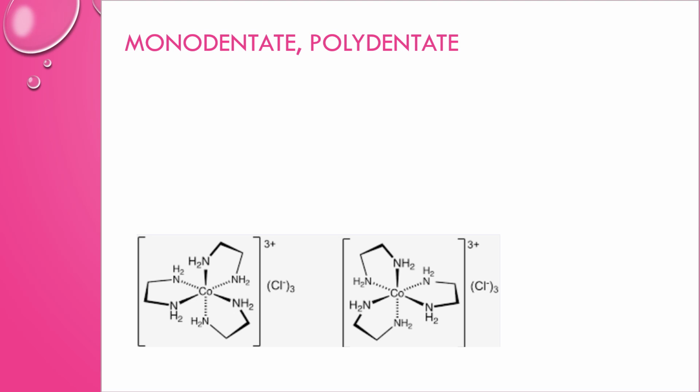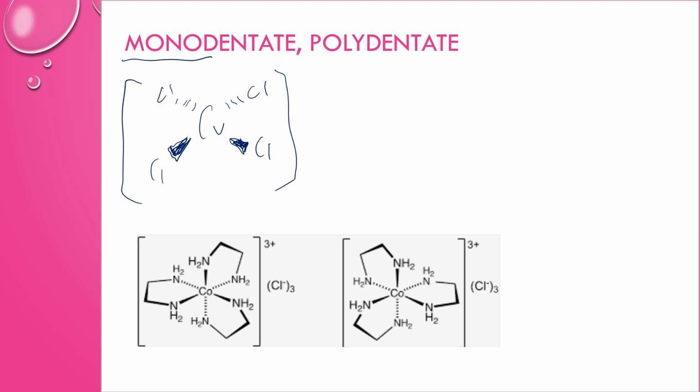So all of those examples of ligands that I showed you were monodentate, meaning they bind once to the central transition metal. Let me give you another example. If I have copper and I'm going to attach chloride, I'm going to draw it as square planar, but it could be tetrahedral. It doesn't really matter for this class, but let's say it's like this. And it could have a charge of -2 overall.